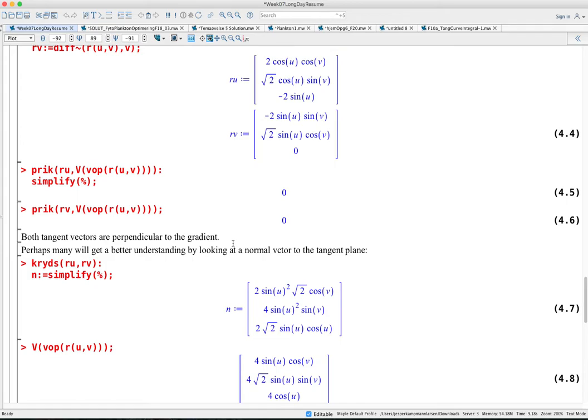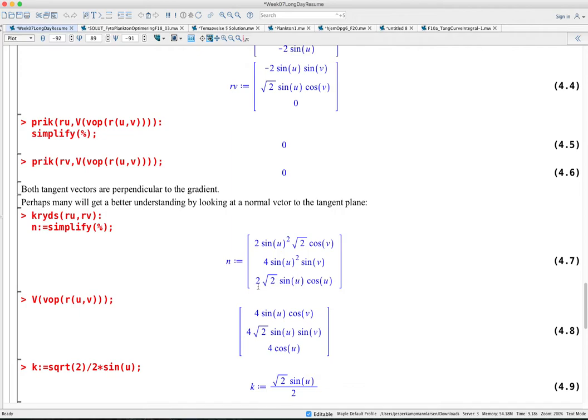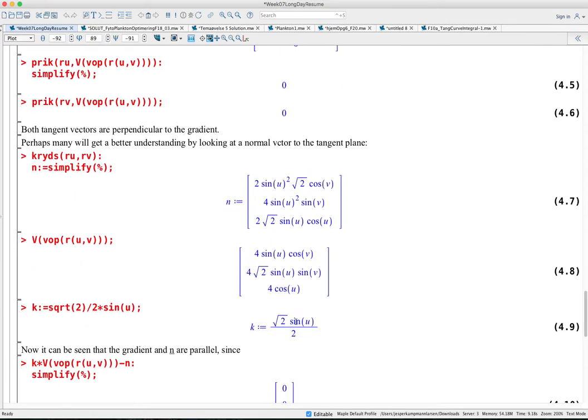Now, you can also look at this in another way: you can make a normal vector to your surface, and this is done by making a cross product of the two tangent vectors, and if you do this, you get this result here. And if you compare this to your vector field, you can see that the two vectors are proportional.